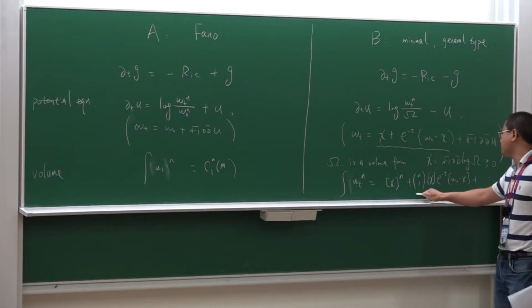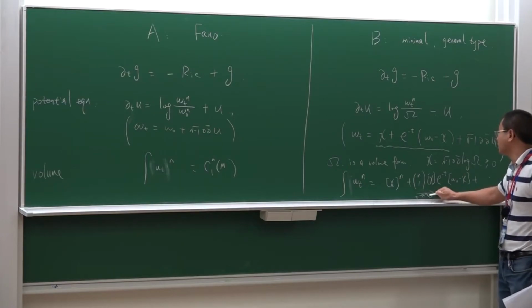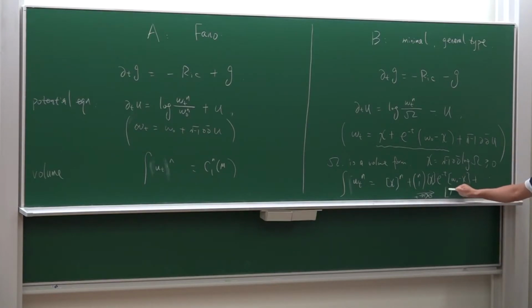So this means the volume will converge as t tends to infinity. The volume converges to chi to the power n, which is negative c_1(M) to the power n.